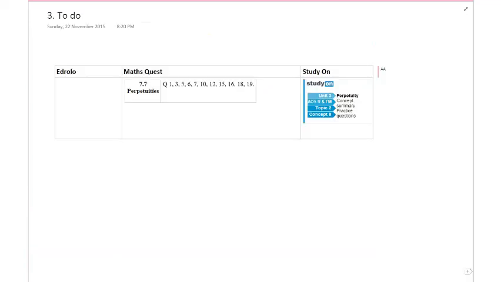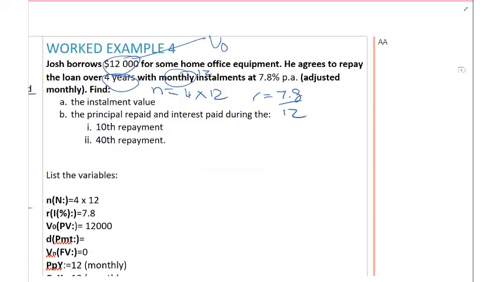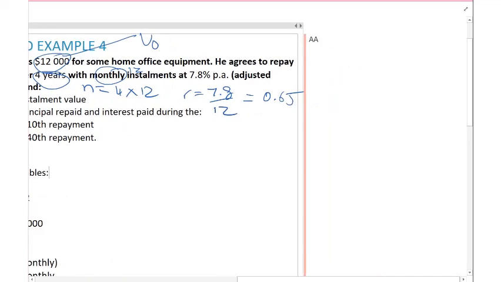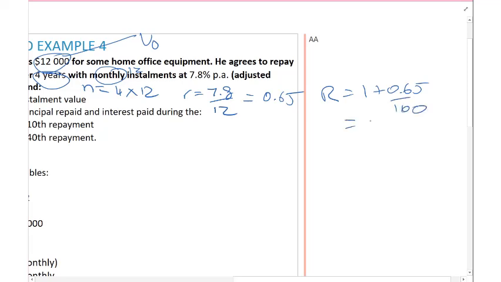This would be 0.65, okay? And therefore, if I was calculating R, it would be 1 plus 0.65 divided by 100 equals 1.0065.